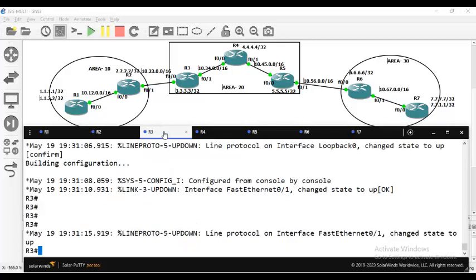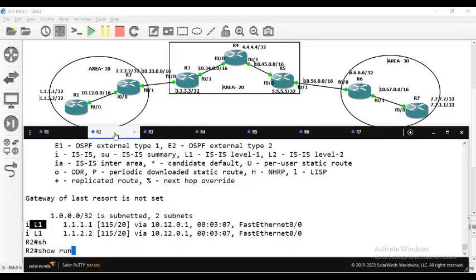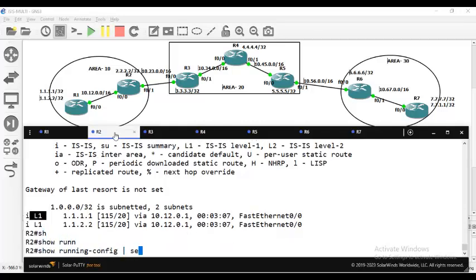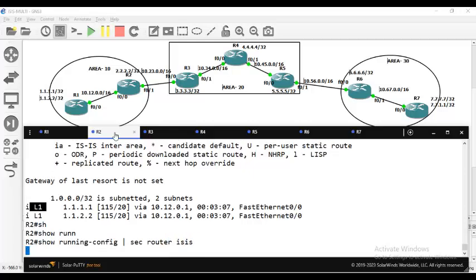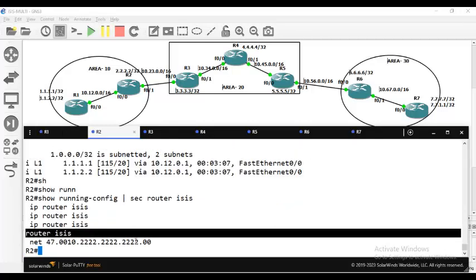All right, this thing I am going to copy to the Notepad. And this I'm going to change as area, and area is what? 20, 20 and 3333. 20.